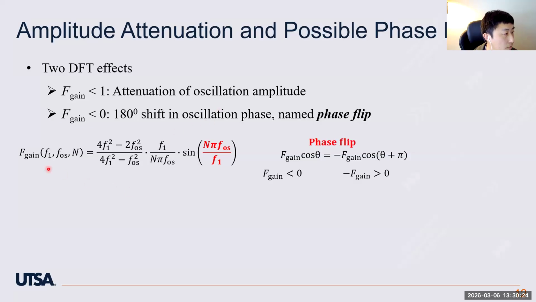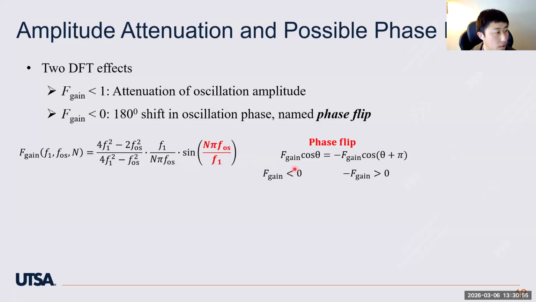The F gain function has a sine component in there, right? If you think about the input to the sine function, if the input is greater than pi and less than 2 pi, the sine function will have a negative value. And if you plug that into the F gain, it will be a negative value.